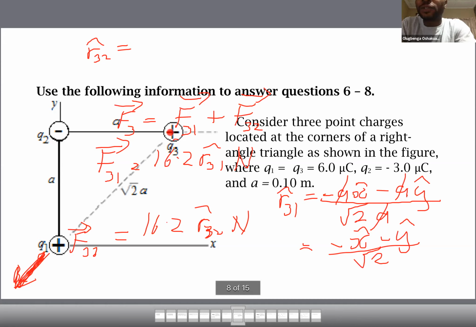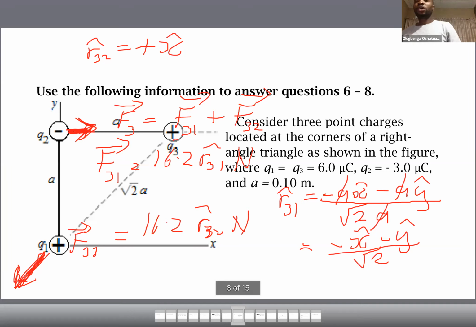Q3 is exerting a force on Q2. In what direction would we expect that force? It should be an attractive force because they are unlike charges. Because they are unlike charges, the direction will be in this manner, and this tells us that the direction of this arrow is the positive x direction. So R32 is as good as plus x.